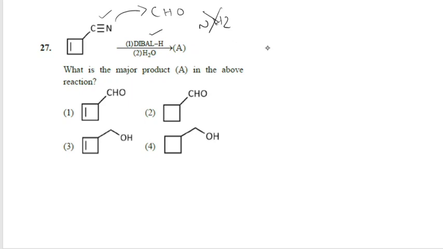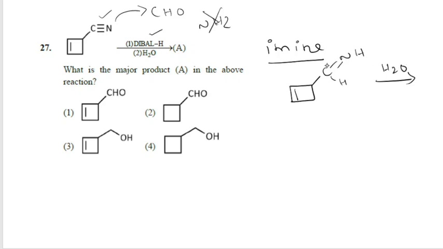And we know that imine is the intermediate that is going to form when the cyanides are attacked by this particular selective reducing agent, and here the intermediate is nothing but the imine, which is nothing but CH double bond NH, which on hydrolysis, the cleavage of double bond, where you are going to get two OHs here, and the removal of water molecule readily converts into this aldehyde group, and where the byproduct is ammonia, right?